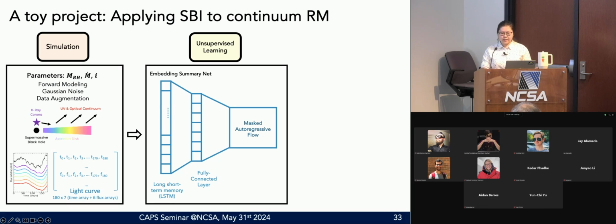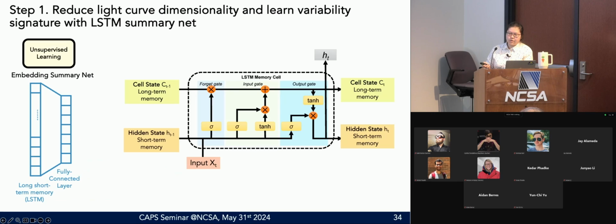So the next step, we train our machine learning model, right? We want to learn the representation between the black hole parameters and the light curve. And we do this in 2 steps. First step, we use an LSTM network to reduce the dimensionality of the light curves. The reason is pretty simple.